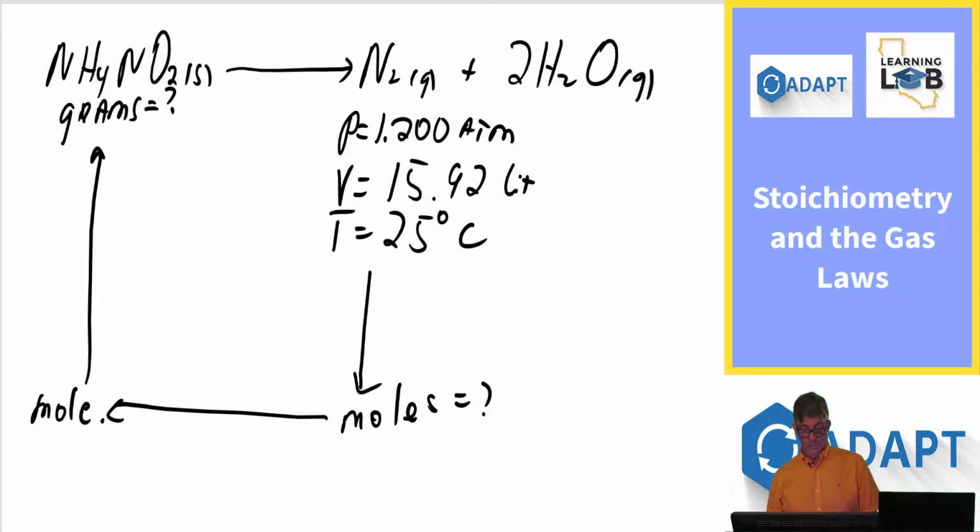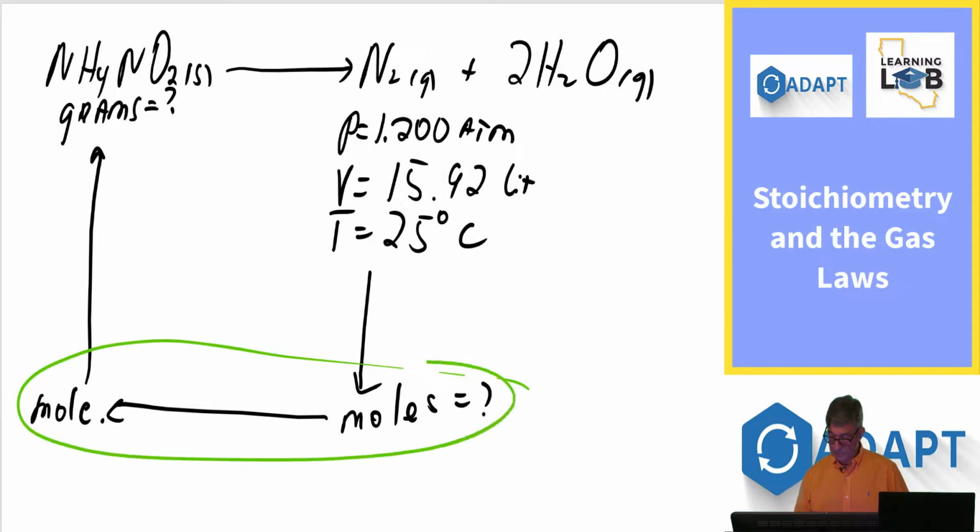Regardless of what the state of the reactant or product is, be it a solid, a gas, or even aqueous, we have to go through the molar ratio, which is entity-based. So we build the box: identify the moles of what we're given, the moles of what we're asked about, and then convert that into relative grams.